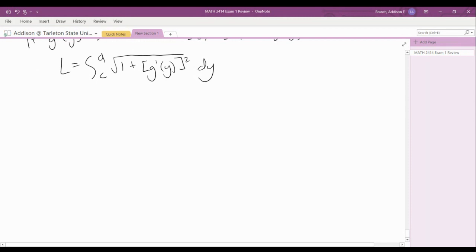So I'm going to do an example, and this is one that tends to pop up a not uncommon amount, this kind of format.